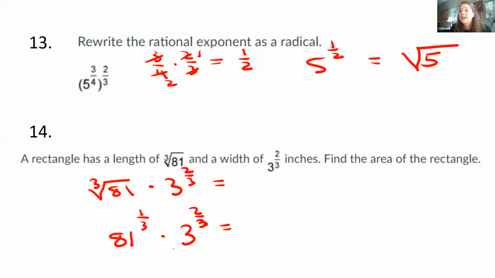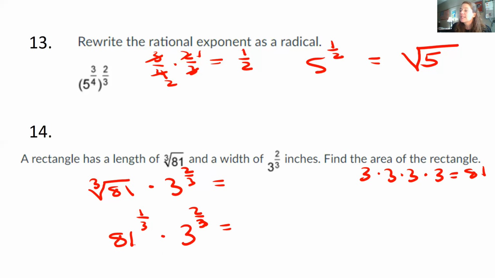But we have to have the same base in order to add those exponents. So surely I can rewrite 81 as a power of 3, right? I know that 3 times 3 is 9, 9 times 3 is 27, and 27 times 3 is 81.